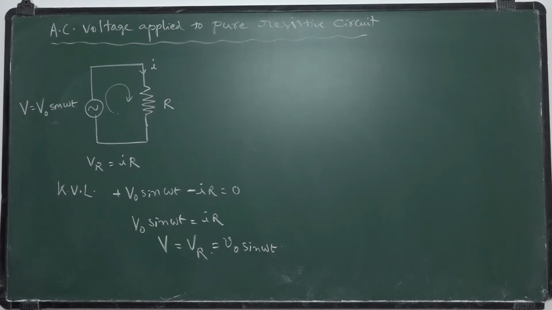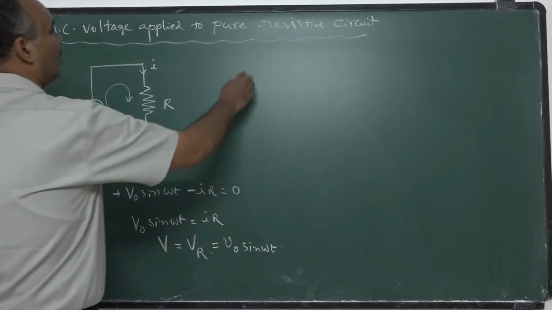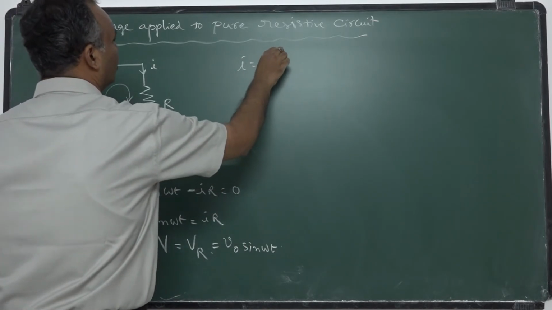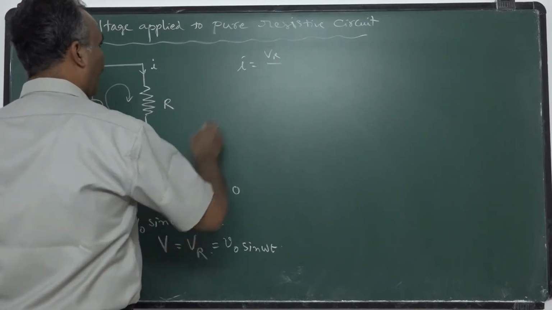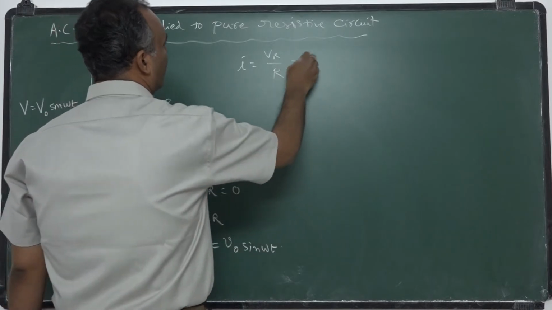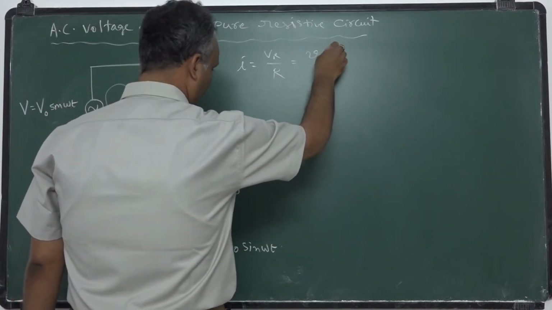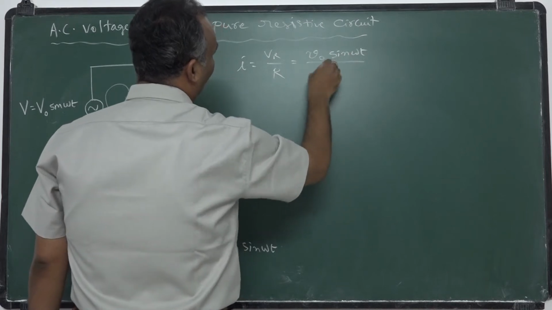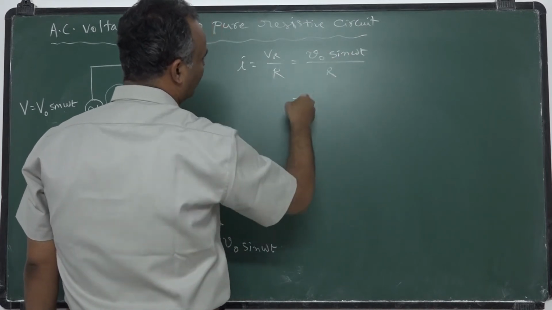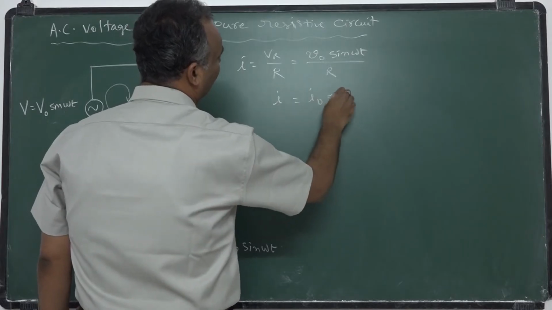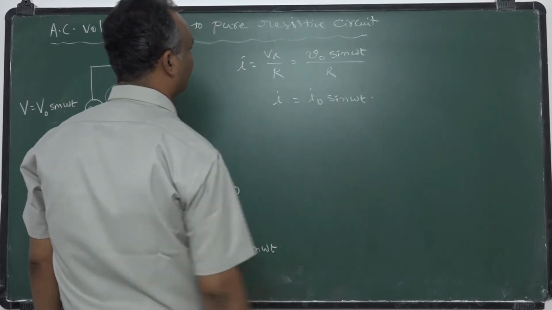If I want to calculate the current passing through the circuit, it is nothing but the voltage across the resistor divided by the resistance, V naught sin omega t by R. V naught by R, peak voltage by resistance, is the peak current, so I equals I naught sin omega t.